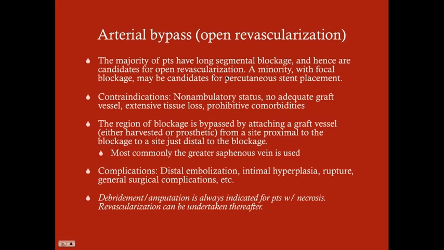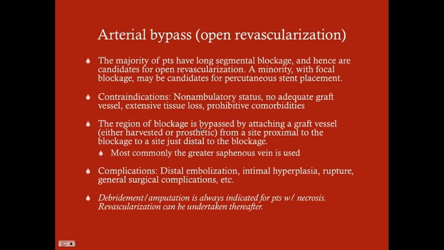If there's no adequate graft vessel, that's not so much a problem anymore, because we have grafts that are made prosthetically. But this is another contraindication that I found that I figure I should share with you. And then if there's extensive tissue loss, obviously in that case you're going to be doing amputation. And then if there's prohibitive comorbidities, that's mostly determined by the anesthesiologist.